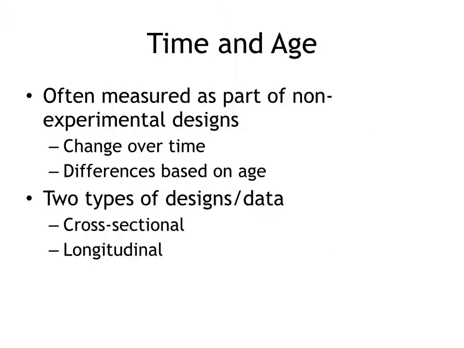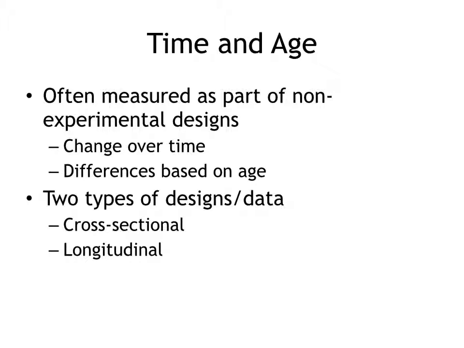Now, time and age are very interesting parts of non-experimental design, but your text went into this, but I don't think it was very particularly clear, so I wanted to address it separately. Time and age designs are any type of design.